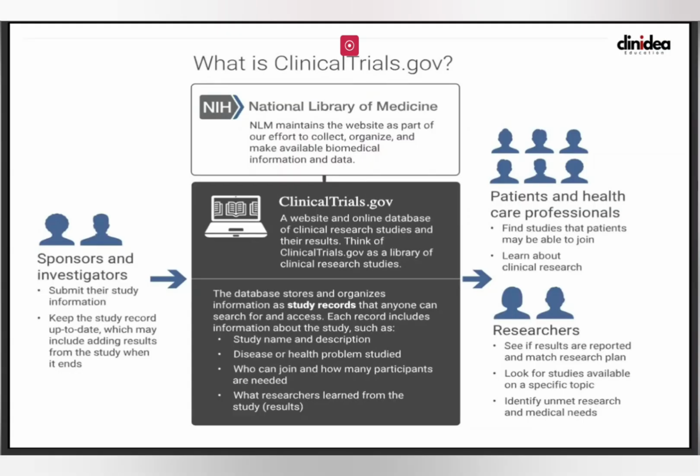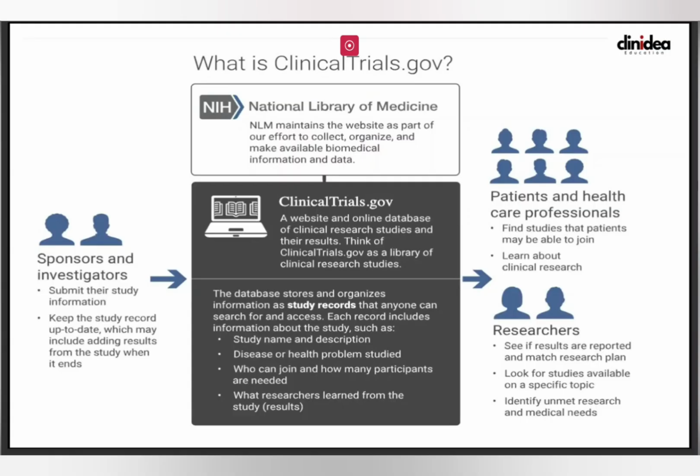NIH cannot do that. NIH is the most upper authority. So for that reason, there's one maintaining authority called NLM. It maintains the website, and it collects, arranges, and shares medical research information. The goal is to make clinical trial data easily available to everyone in a structured and very organized way.